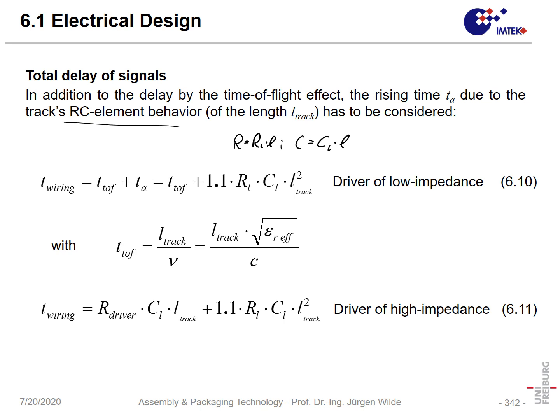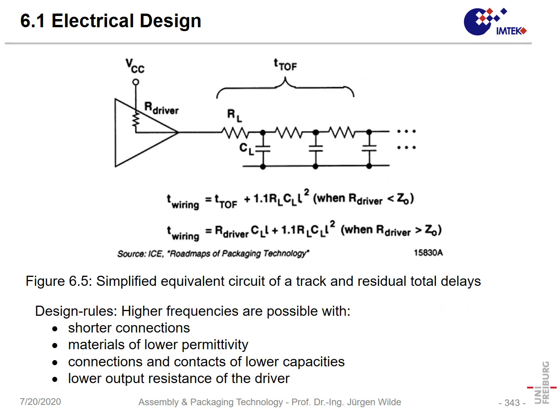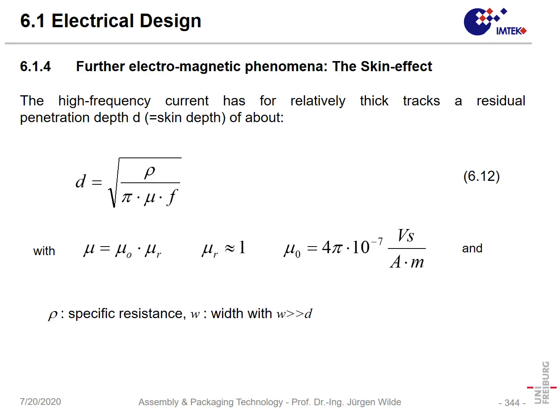In that way, we can also estimate the time which is used by a signal when it passes a conductor of a certain length. Here again, for that second case, we have that driver which drives the signal to our conductor lines, and in that way we can estimate these properties.